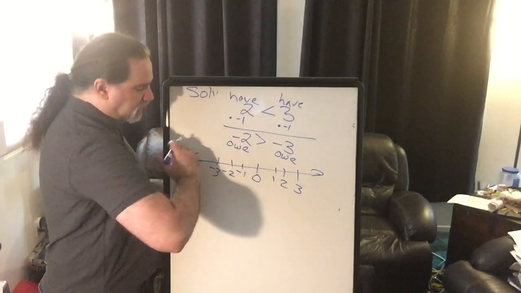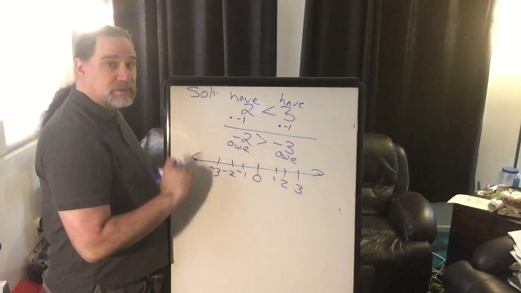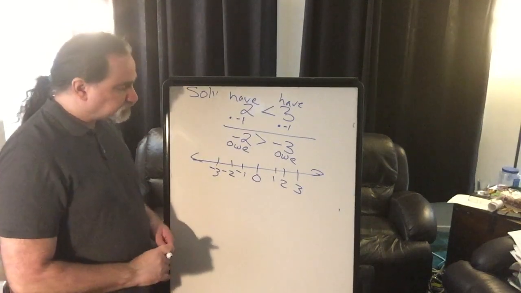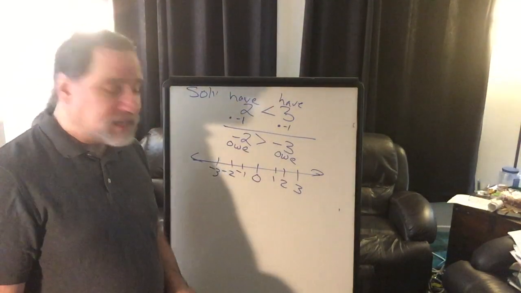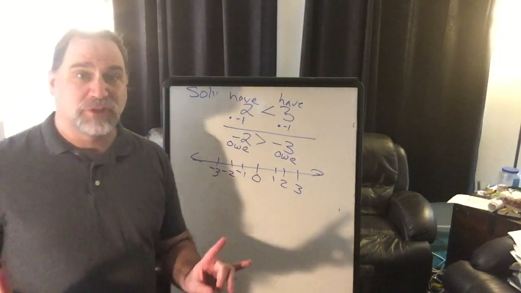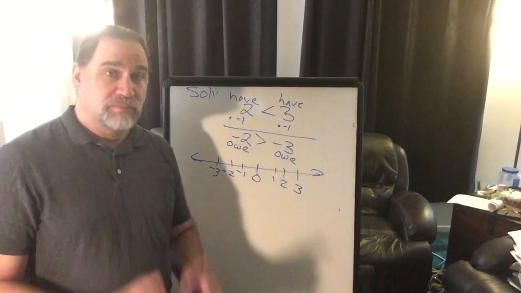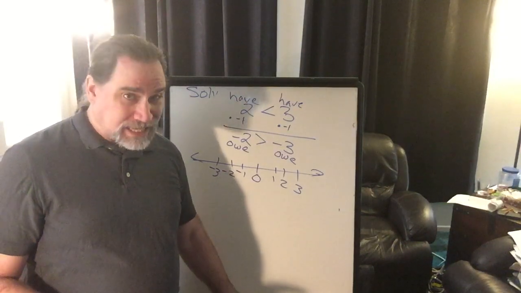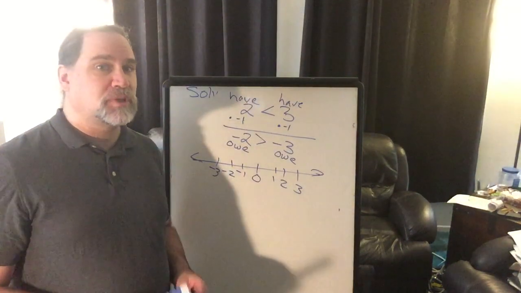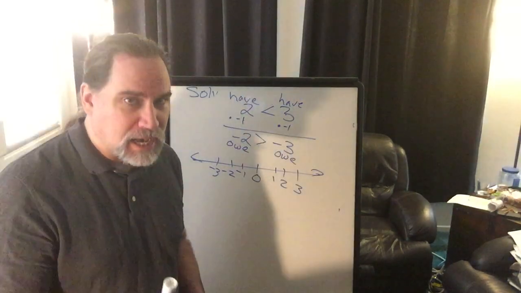So when it kind of flip-flops, they change. Okay? So, when adding, subtracting, never changes. When multiplying or dividing, it changes only if you are multiplying or dividing by a negative number.